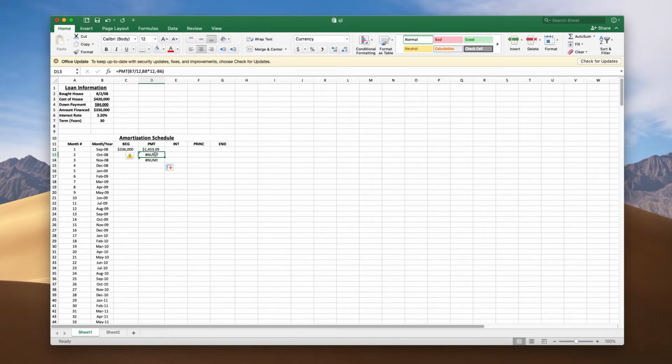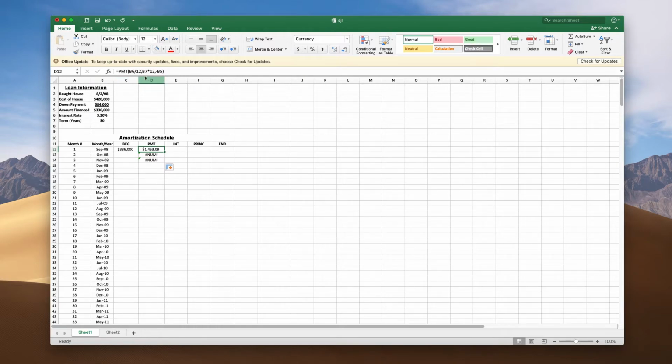When I drag this down, the rate goes down one, the amount financed goes down one, so everything's getting dragged down, and I don't want that to happen. When I do the payment for the subsequent months, I want to use the same information. So go back to the first box where you did the payment.